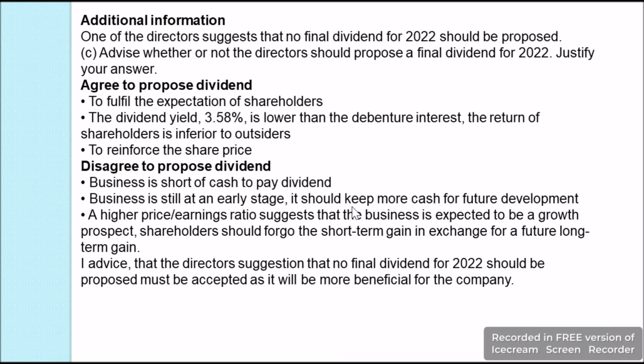Apart from that, they are in an early stage of development, in a growth phase, and as they are in growth phase, they require more retention of the profit, hence the dividend should not be proposed. Apart from that, we have a high PE ratio, which shows that the market price of the share is quite high, and this shows that the shareholders have trust in the growth of XPLC, and as they have this trust, they may forego the short term gain of getting more dividends for the growth of the business.